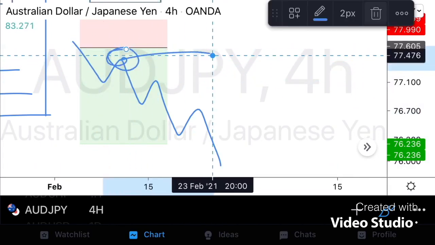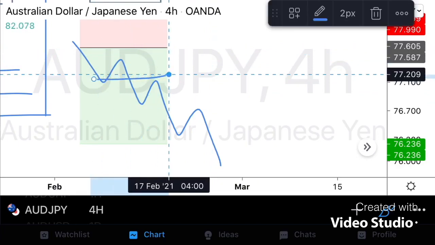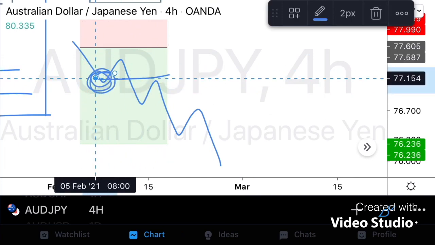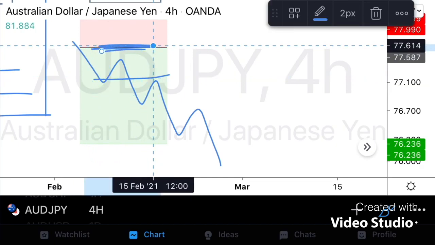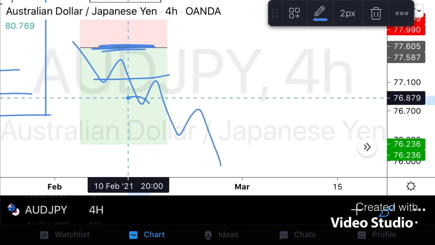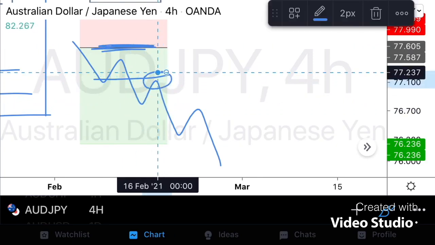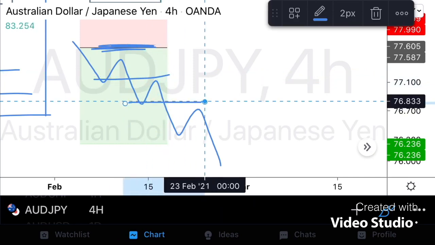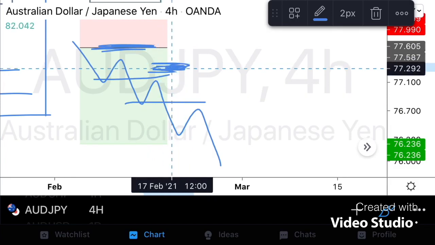Once prices break and close below the low that was just recently formed, that's when we move our stop losses above structural highs. Same thing again, as new price action develops and we create new lows and new lower highs, all we wait for is for prices to break and close below the new low that was formed, and then we trail our stop losses above previous structural highs.